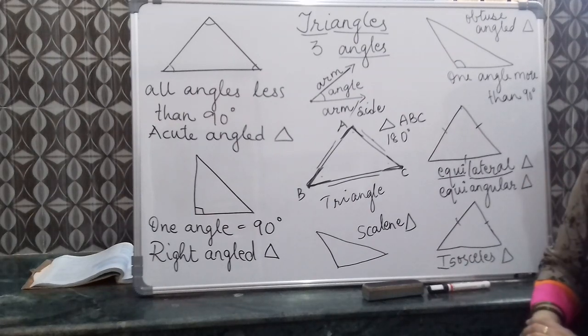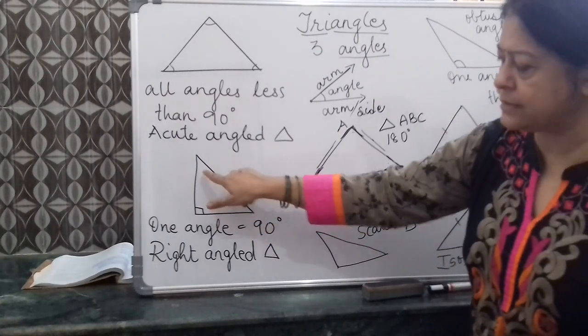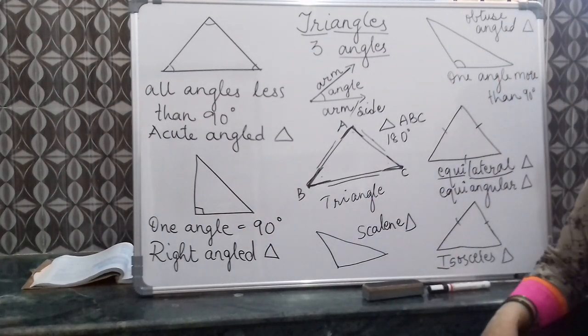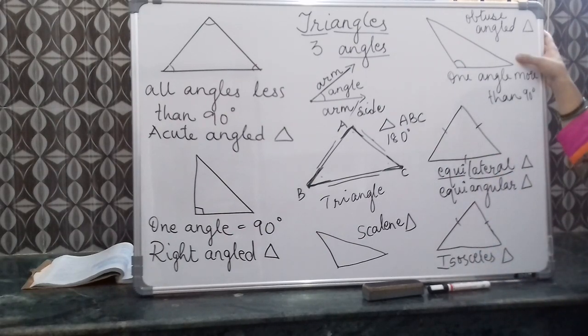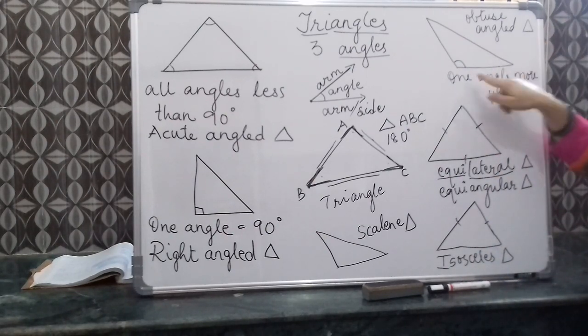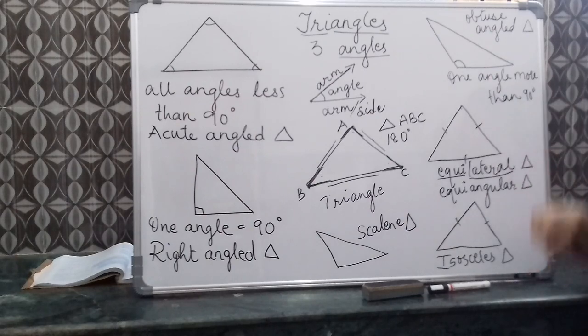In this right angle triangle there will be only one angle equal to 90 degrees, and the other two angles will be less than 90 degrees. And then you have the obtuse angle triangle, in which only one angle is greater than 90 degrees, so the other two angles will be less than 90 degrees.